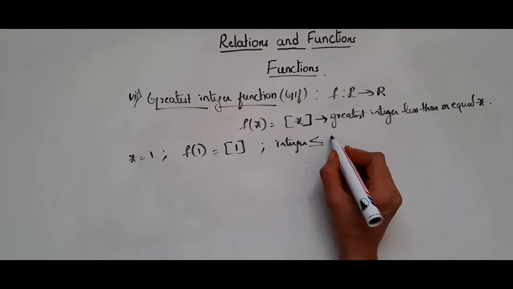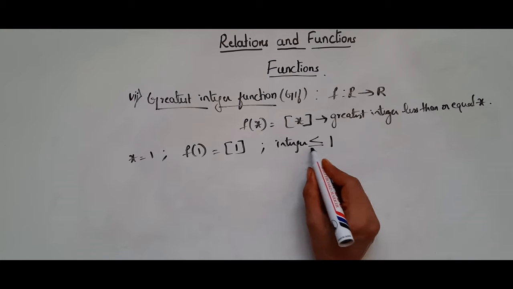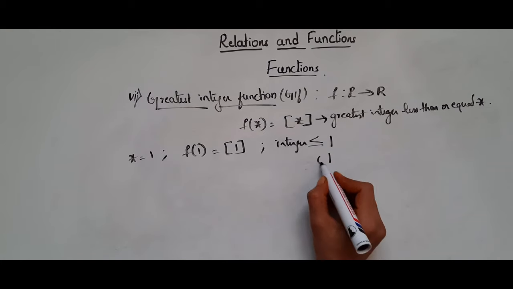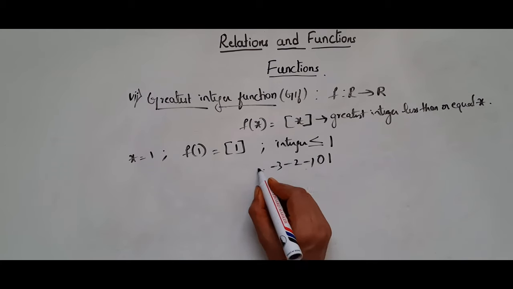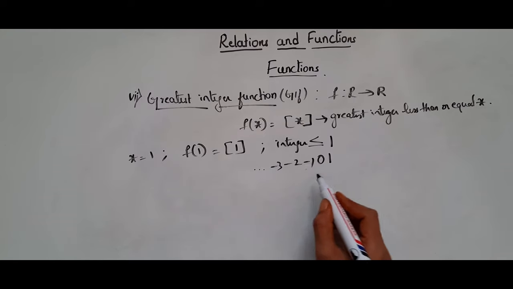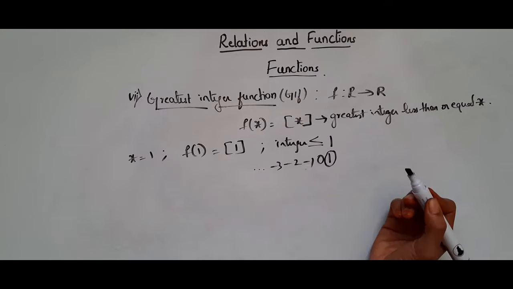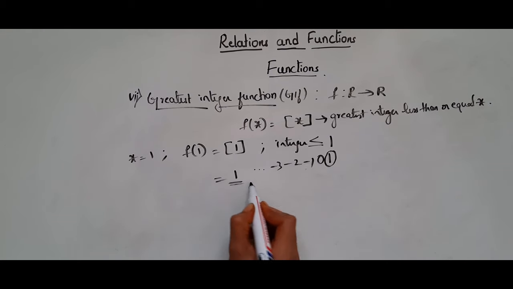X here is 1. What all are the integers which are less than or equal to 1? We have equal to 1, so 1 is included, then 0, -1, -2, -3 and so on. And we want the greatest integer. Among these, which is greatest? This one is greatest, right? So the value of this is 1.